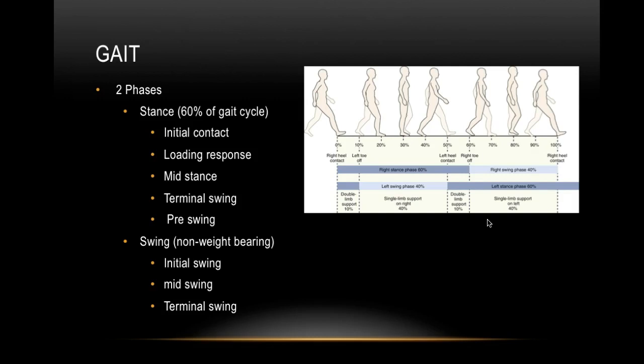The importance of that is when you see an injured athlete, you're going to notice that some of these phases are abbreviated, or they're not taken at all. So you're going to see someone that's going to favor their non-injured side, or they're going to try to compensate in one way or another.